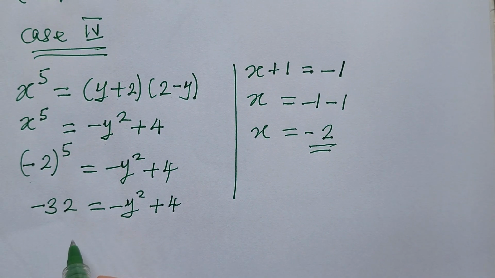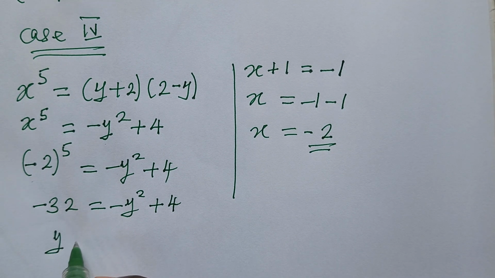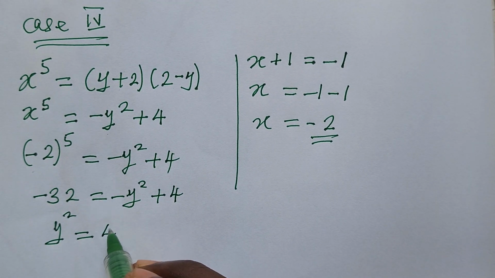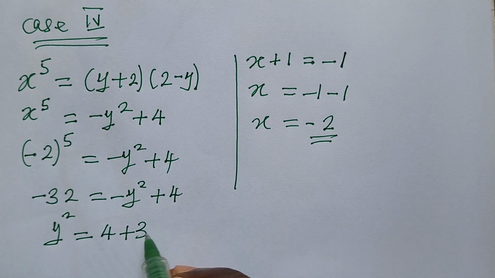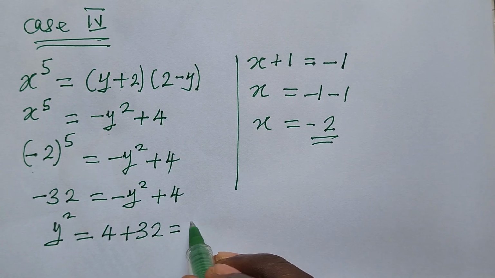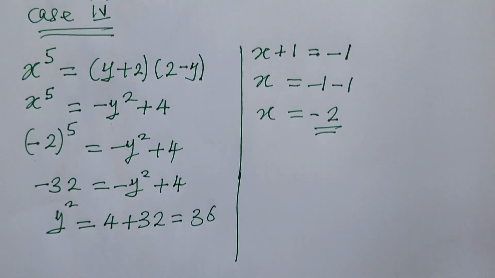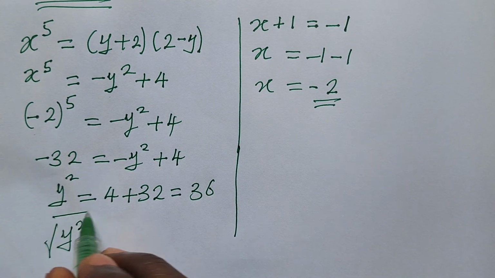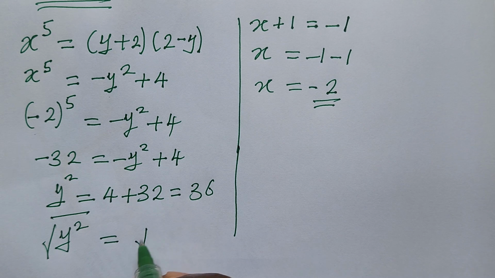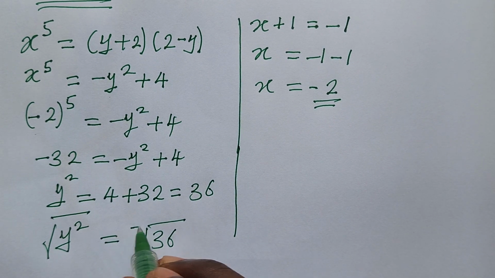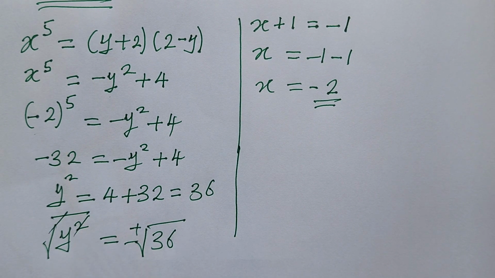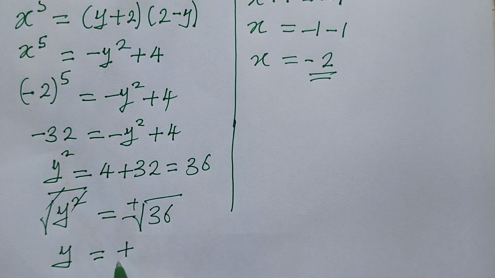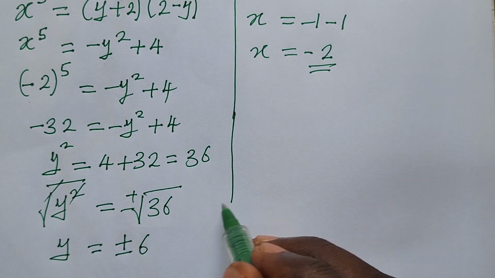So if we rearrange, we're going to have y to the power of 2 equal to 4 plus 32, which is equal to 36. Then we take the square root of both sides. So we have y now be equal to plus or minus 6.